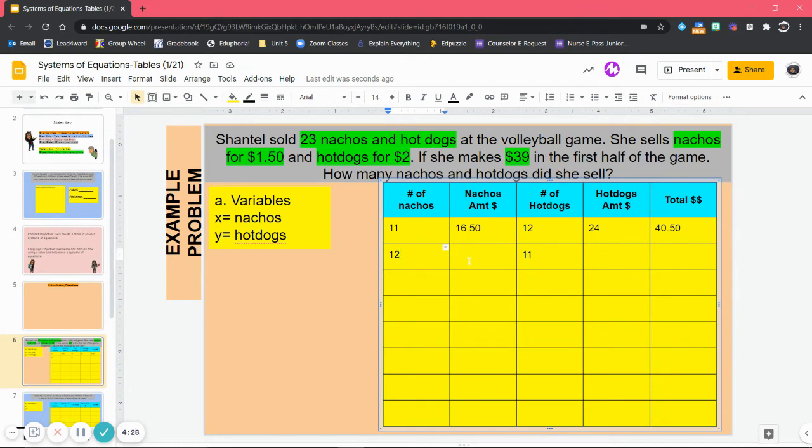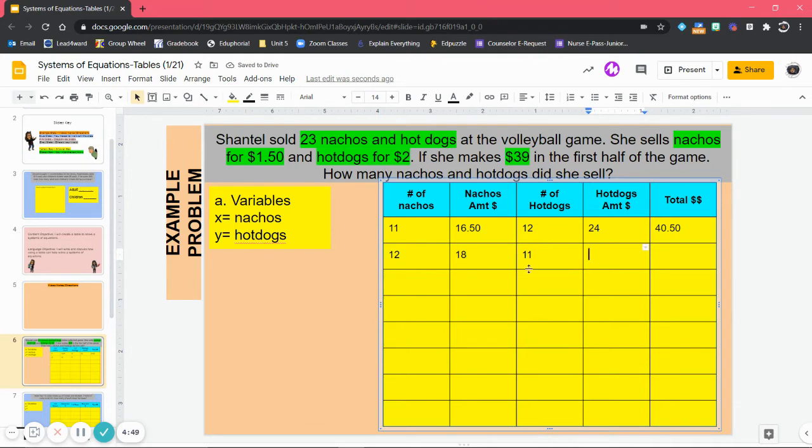So now 12 nachos, and if I add another nacho, $16.50 plus $1.50 gives me $18.